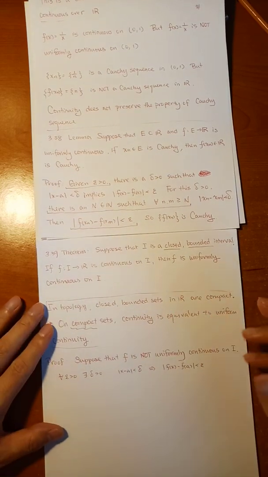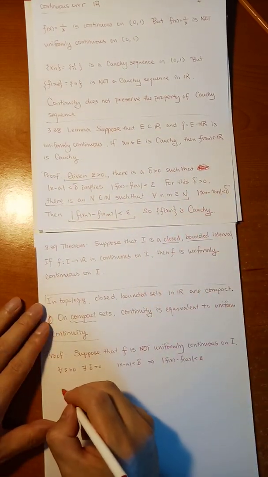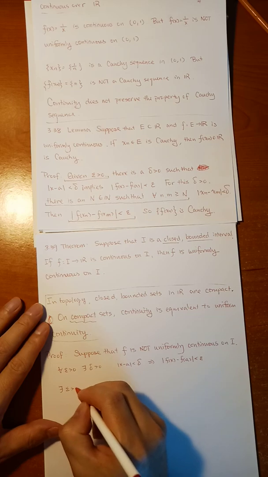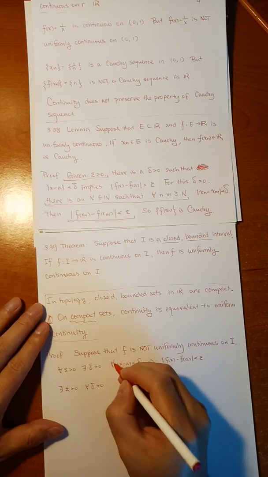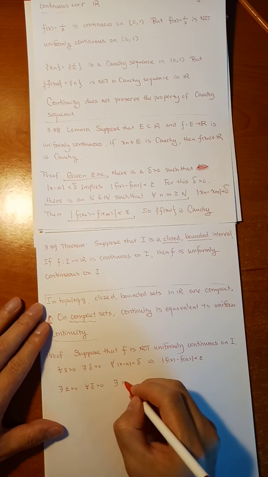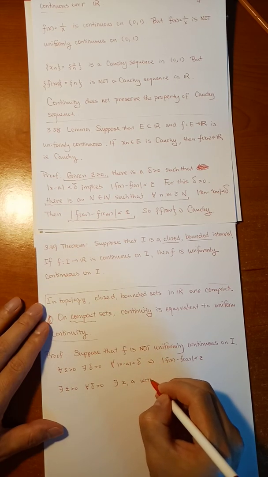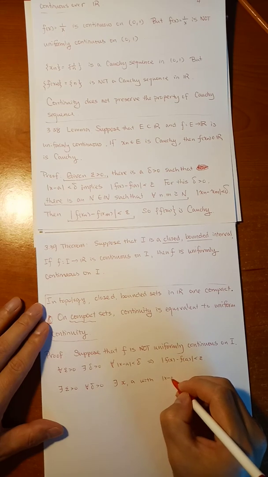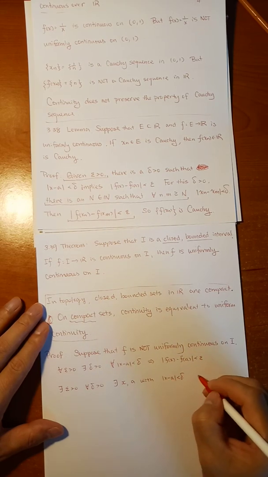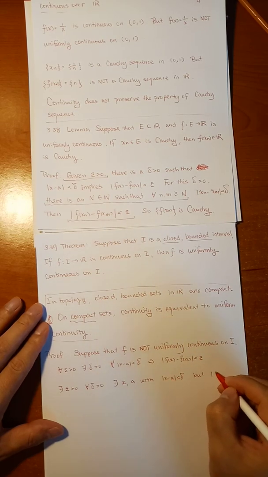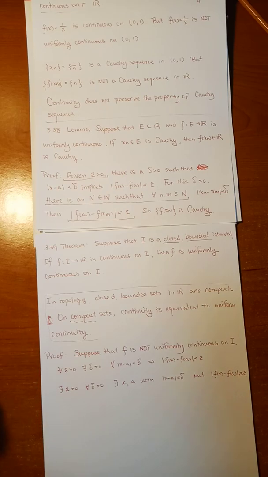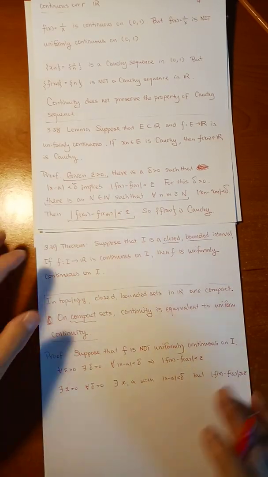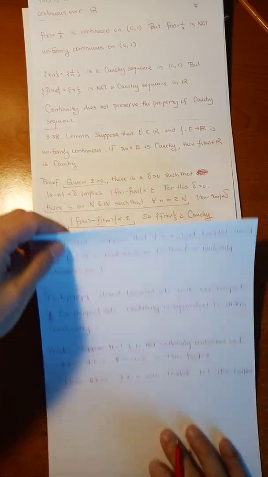Then the contrary is that there exists epsilon greater than 0 such that for all delta greater than 0, there exist x and a with |x minus a| less than delta, but |f(x) minus f(a)| greater than or equal to epsilon. That's the contrary.